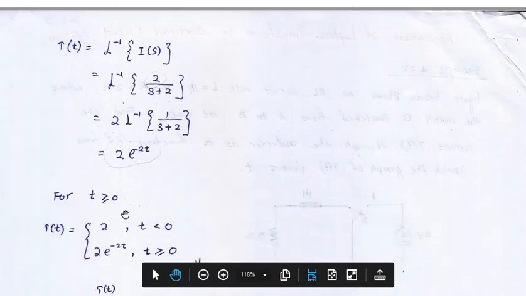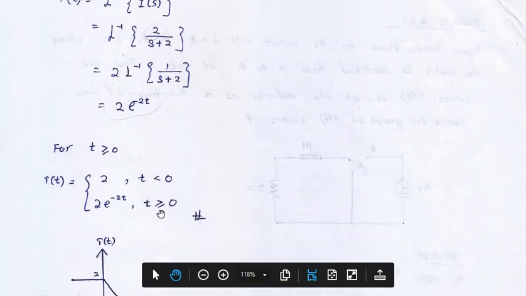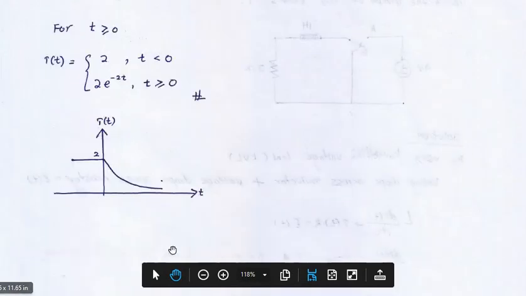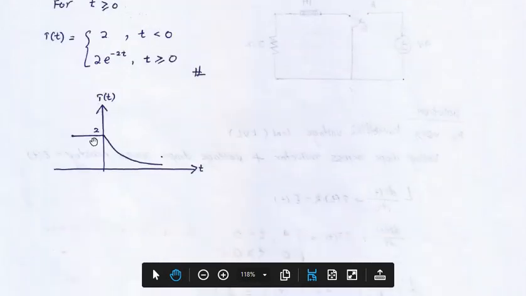So for t less than 0, you have i(t) equal to 2, and for t more than or equal to 0, you have 2e to the negative 2t. Then you plot the graph.